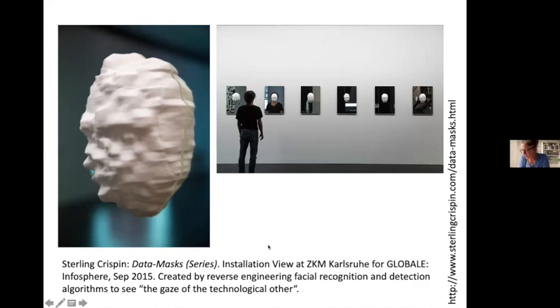And Adrian Lobe, a political scientist and author, stated about this: the algorithm, and this is what is disturbing, even mortifying about this experiment by Sterling Crispin, does not see us as humans, but as disfigured figures, as grimaces. So this is just the idea, like how would computer vision actually see a human being?